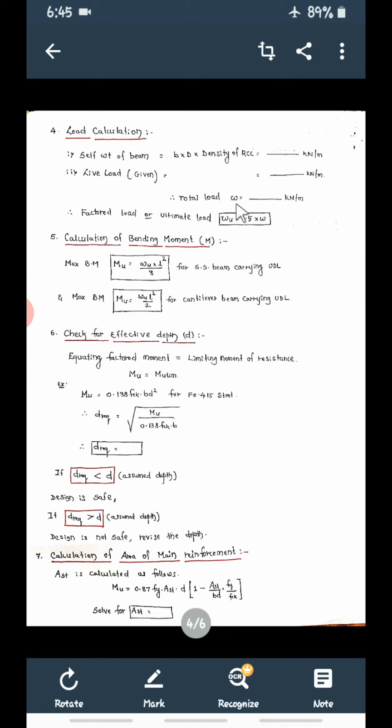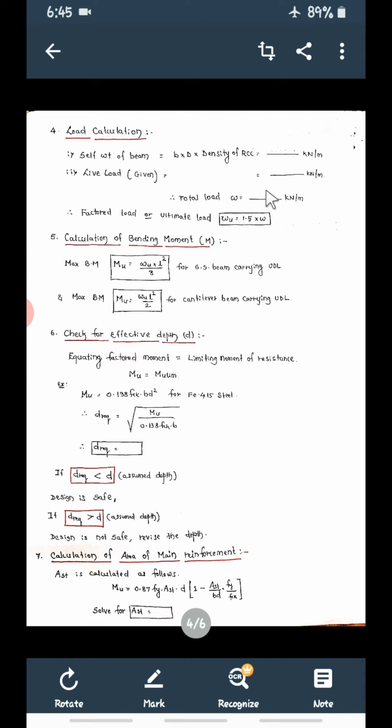Whatever load comes on the beam is in the form of UDL, uniformly distributed load. That's why we designate it as small w, in kilonewton per meter. So this is the total load, small w, the working load.